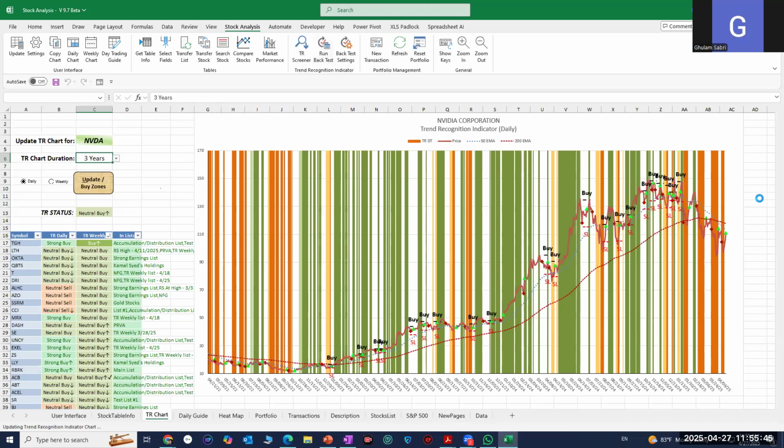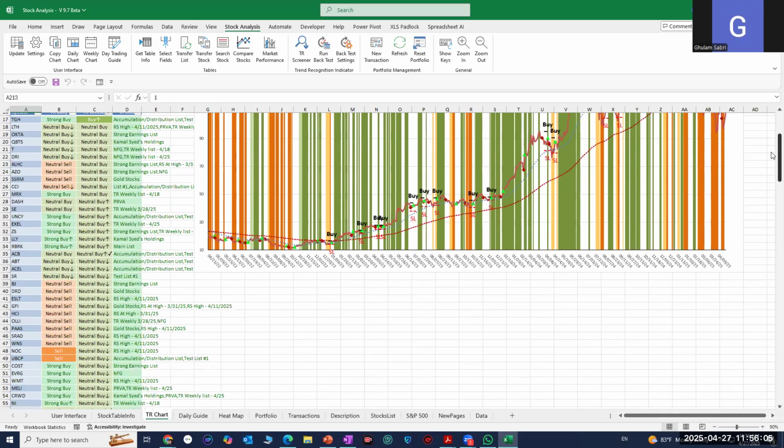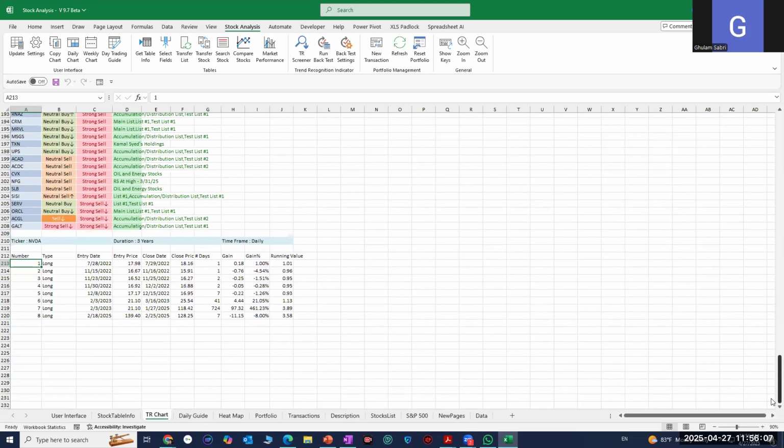Every time we run the backtest, it first re-updates the chart. That's why it's taking some time, and then it performs the backtest. That's how the system works. So just wait for a while. There it goes. It has the backtest and the results are here below.